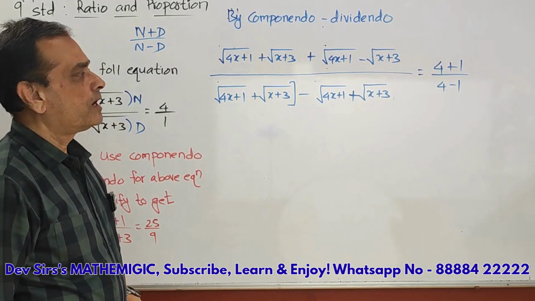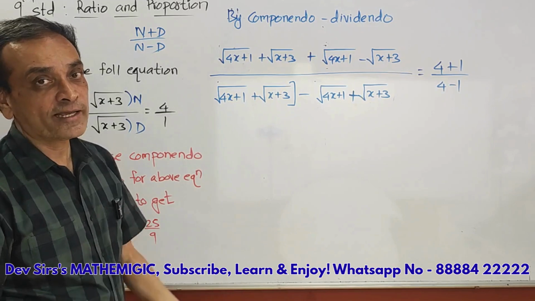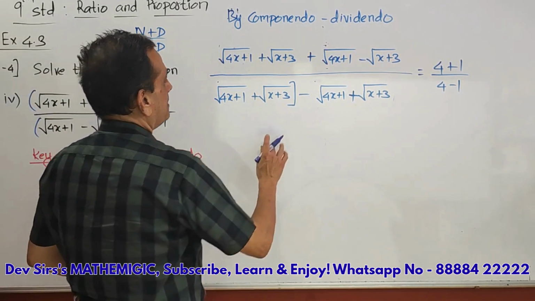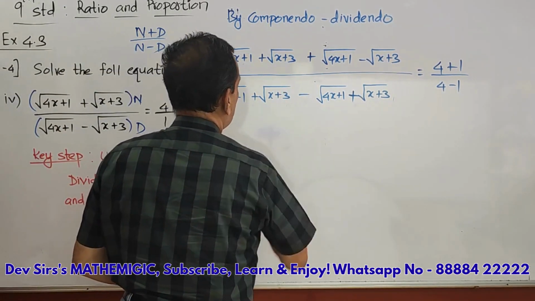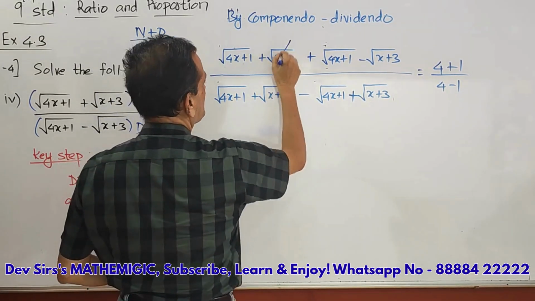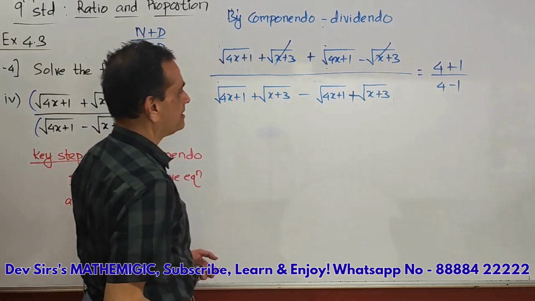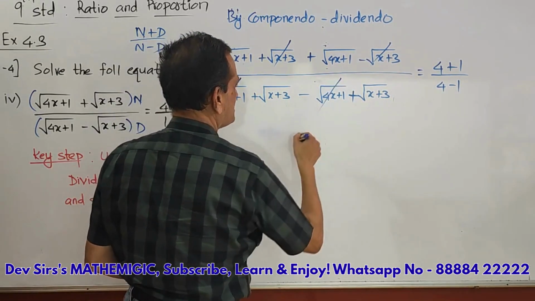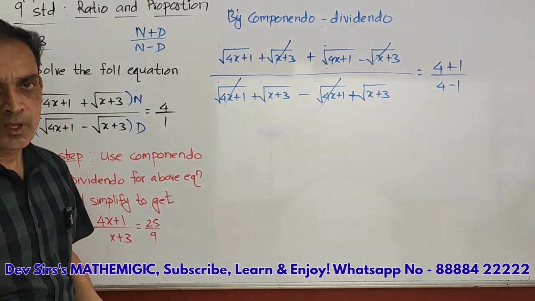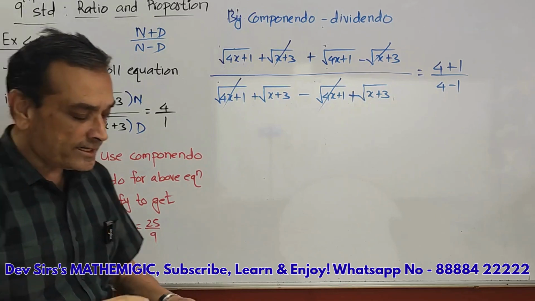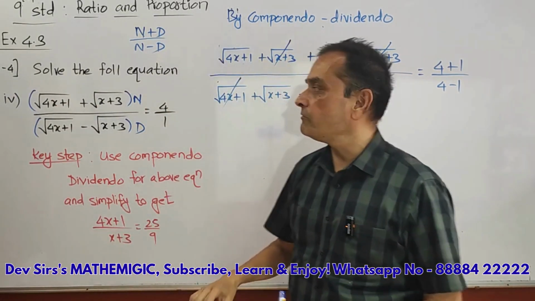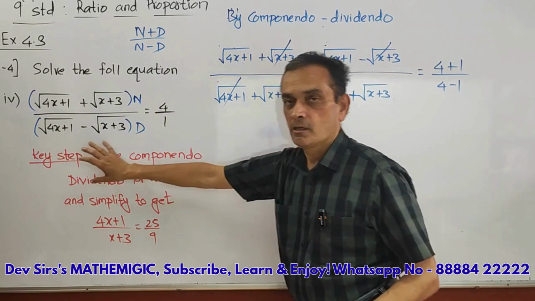Followed? Now after that step, after opening up the brackets, this gets cancelled, this gets cancelled, this gets cancelled, this gets cancelled. Simple. That is the reason that we have to use componendo dividendo for this equation.